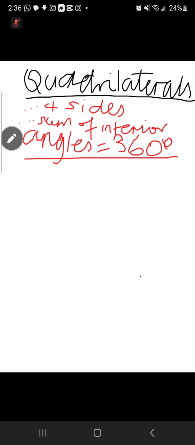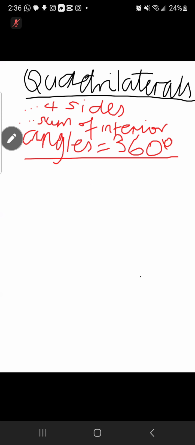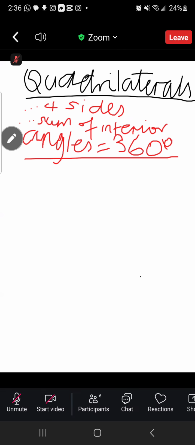All right. So when we think of quadrilaterals, we're thinking of 4-sided figures. Name me some 4-sided figures that you know, one from each person. Kamisha said kite.